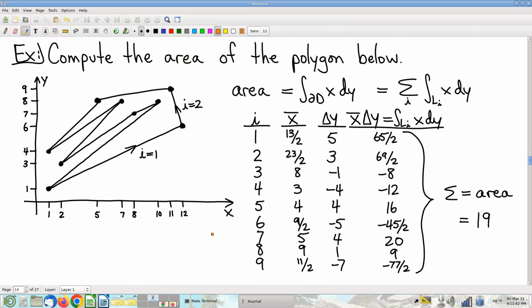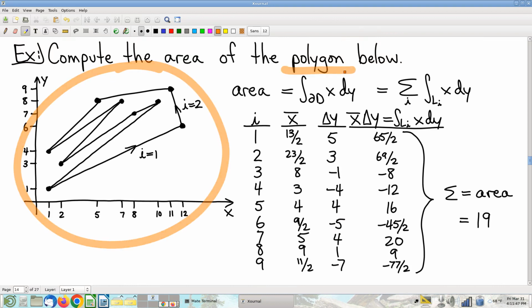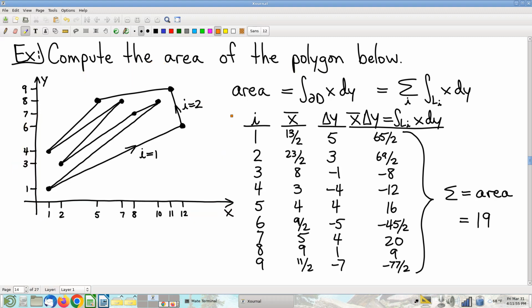Let's look at this example here. Check out my polygon. How would you compute the area of that polygon? And it's a pretty nasty polygon. Now the straightforward approach would probably be to subdivide it into a bunch of triangles.